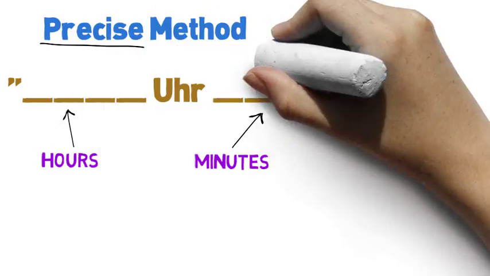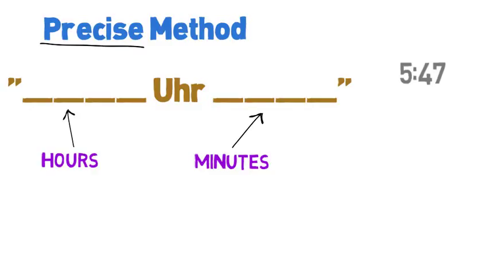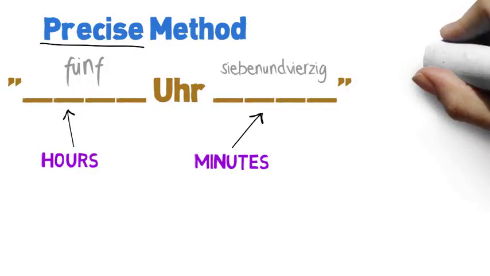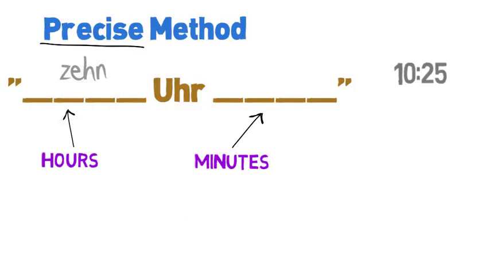If it were 5:47, you would use the hour number 5 and the minute number 47 to create 5:47. If it were 10:25, you would again use the hour and minute numbers to say 10:25.